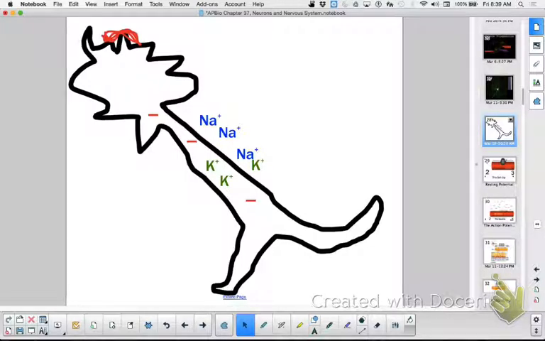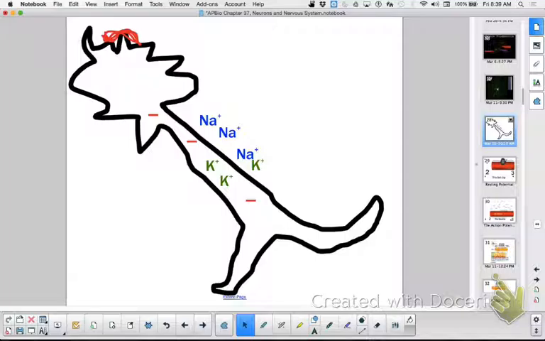That fixes it right away. And so the neuron can fire again because these are voltage-gated channels, and now the outside is positive again and the inside is negative. But if we keep fixing it in that manner, pretty soon all of our sodium is going to be inside and all of our potassium is going to be outside, and it's not going to work. So who's our long-term fix?